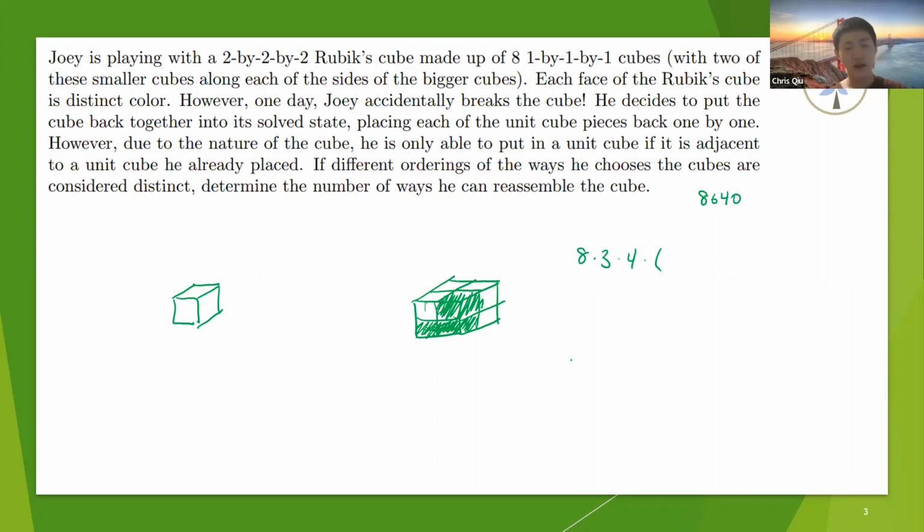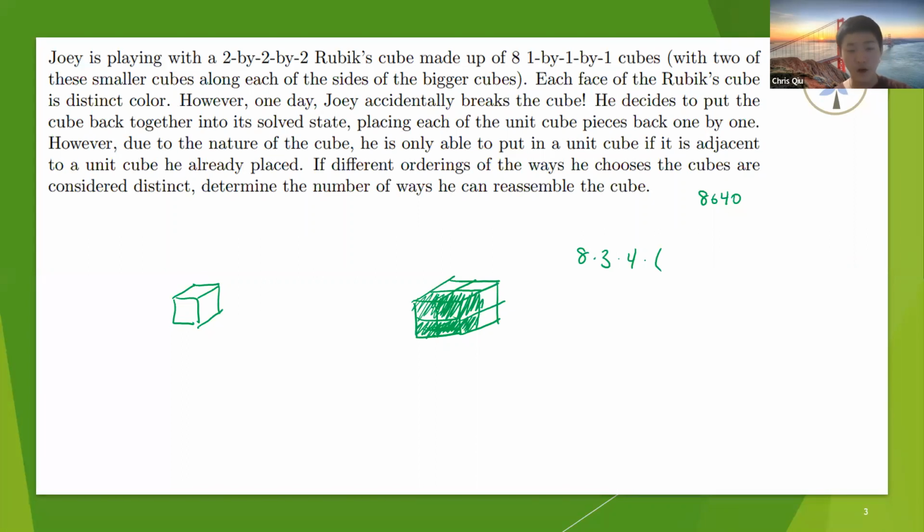Next, we're actually going to have some casework based on which cube we reassemble. If we reassemble this cube, per se, then we're going to have an entire face of this 2x2x2 Rubik's Cube reassembled already.